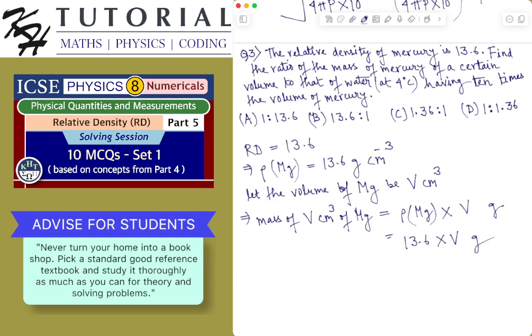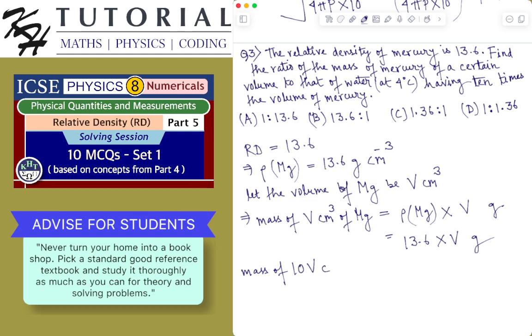Now the question is to find the ratio of the mass of mercury of a certain volume to the mass of water having a volume 10 times that of mercury. We have assumed the volume of mercury to be V centimeter cube, so 10 times the volume is 10V.